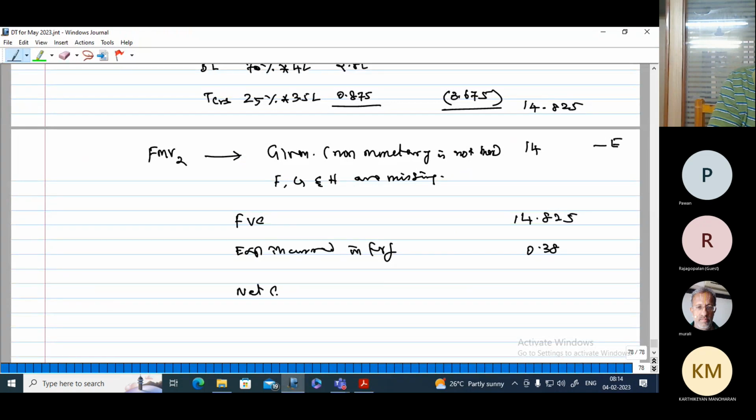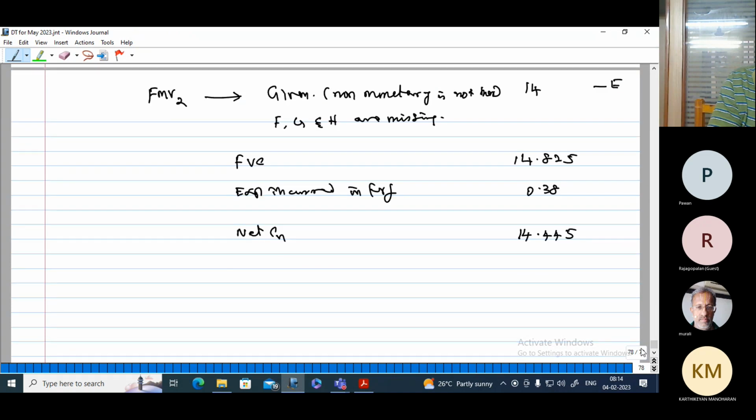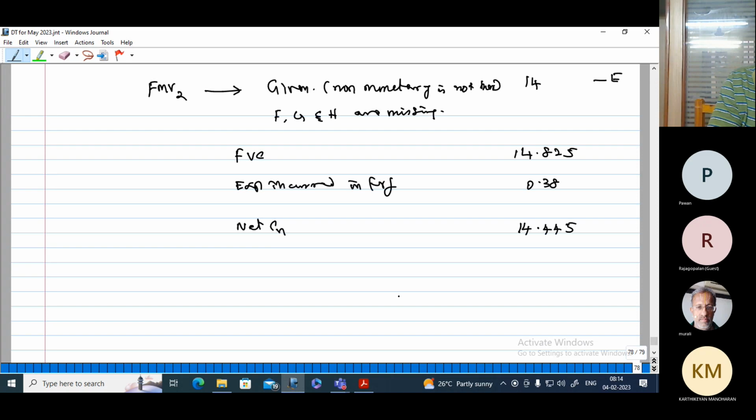So net consideration is 14.445. Now cost of acquisition.